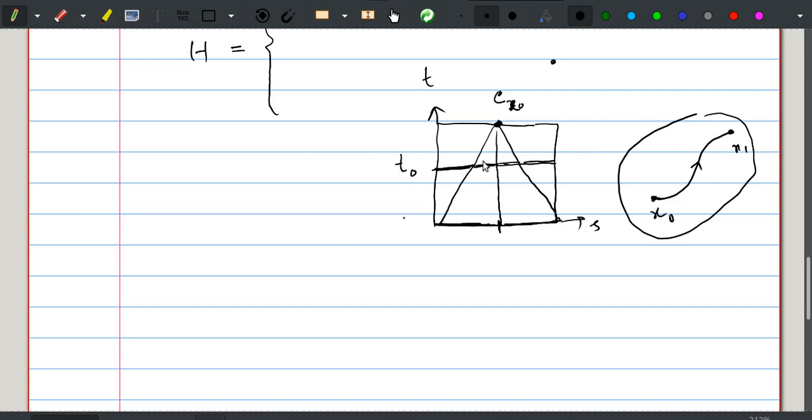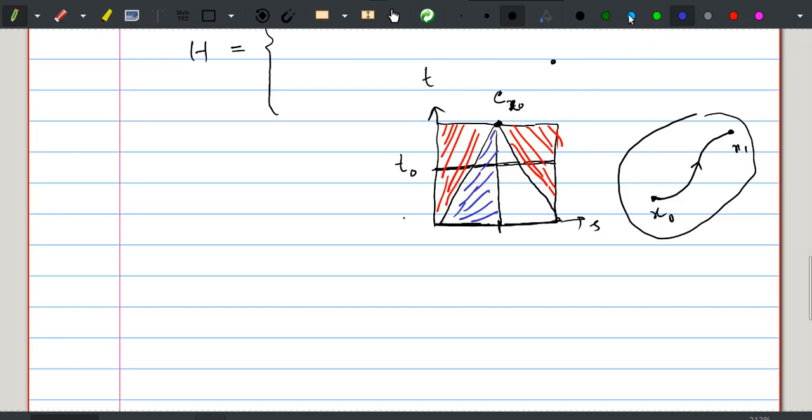So there are 4 regions actually. These 2 regions are the regions where h stays at x0, in this region it travels f, and in this region it travels f inverse.